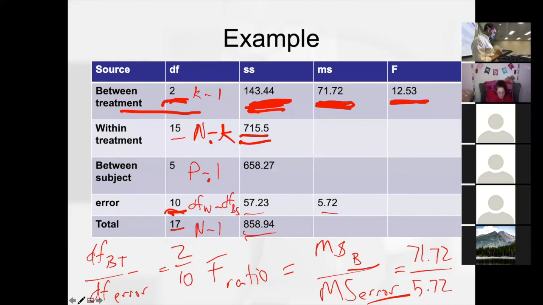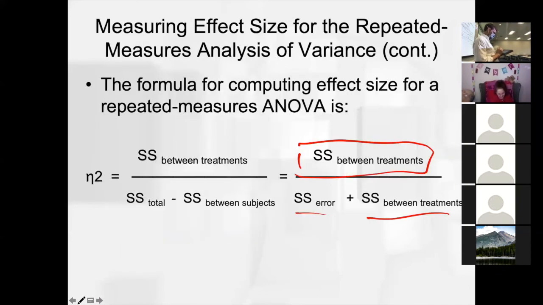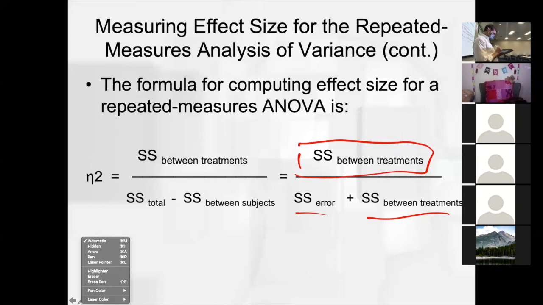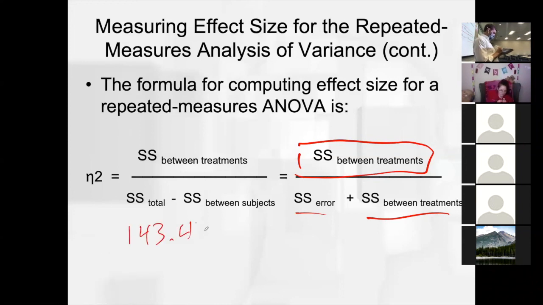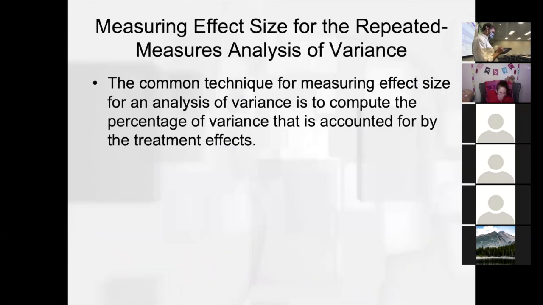So in this case, we take the sum of squares between treatments, 143.44, and divide it by 143.44 plus the sum of squares error, which is 57.23.